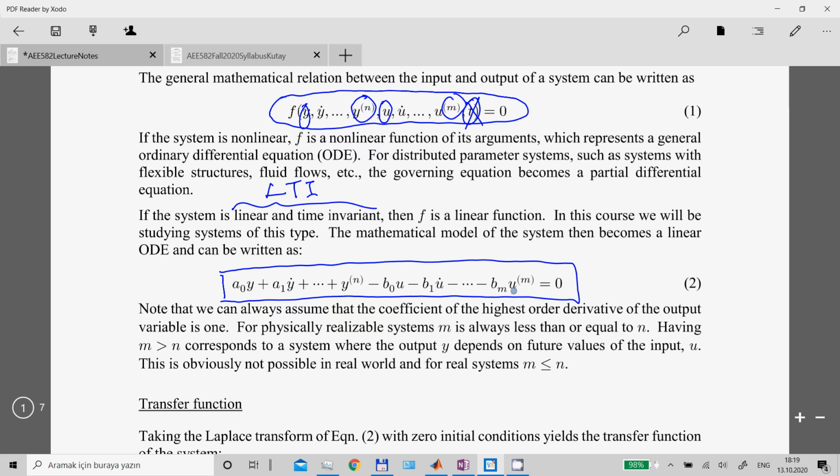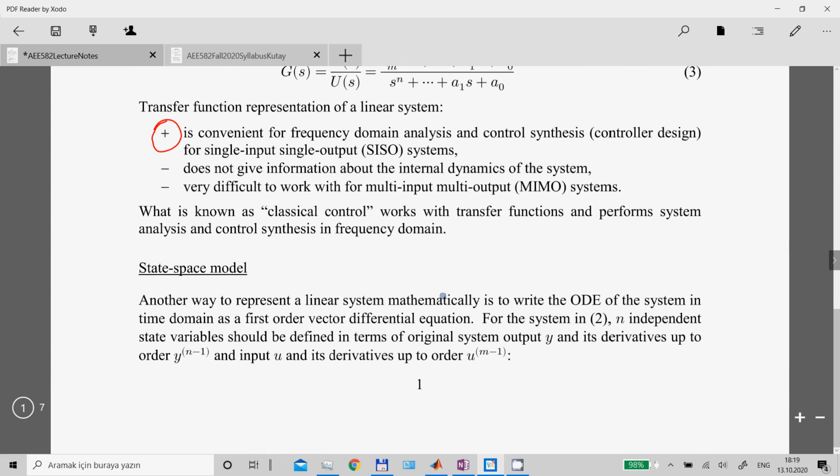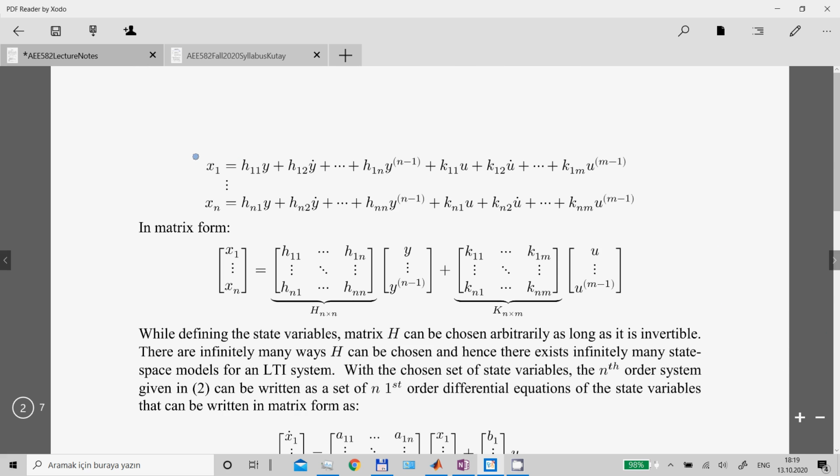To work in time domain, we first write the system in a special form that we call the state space form. To write the system in state space form, we define n state variables if your system is nth order, and these state variables are defined in terms of the original system variables, the output variable, and the derivatives of that up to the n minus first derivative.